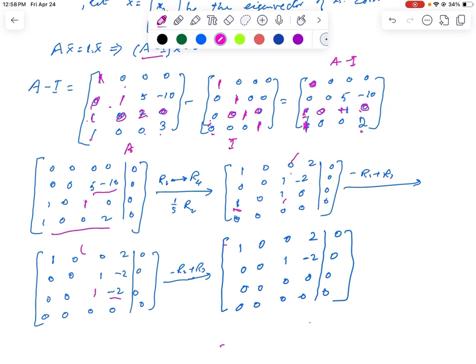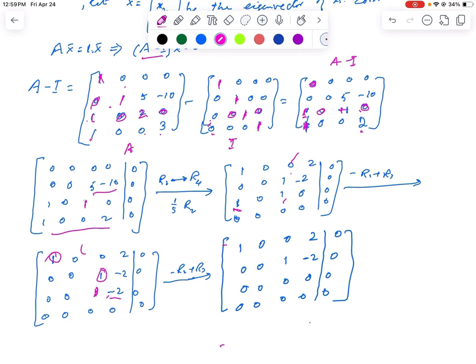Now we can see that this is a pivot and this is a pivot. So get rid of this 1 here: multiply the second row by negative 1 and add it to the third row. That gives us 2 rows of zeros.